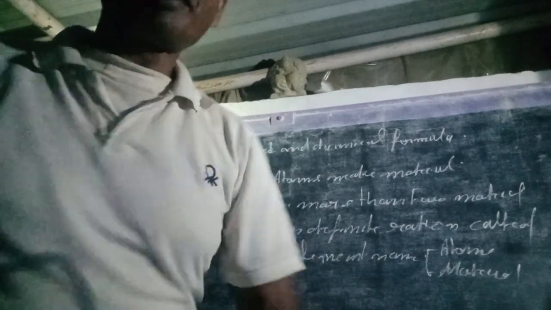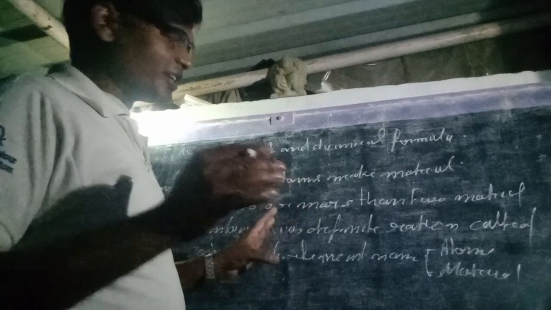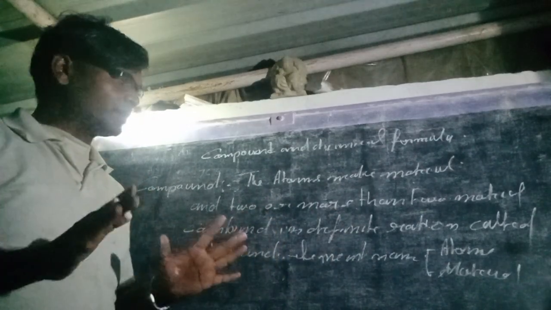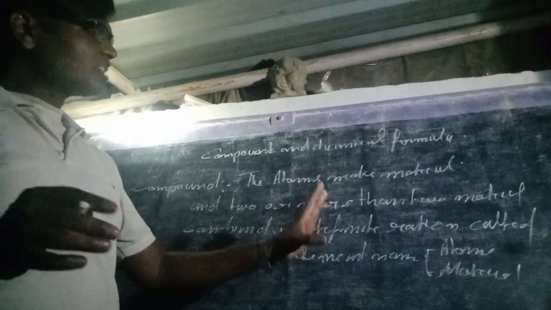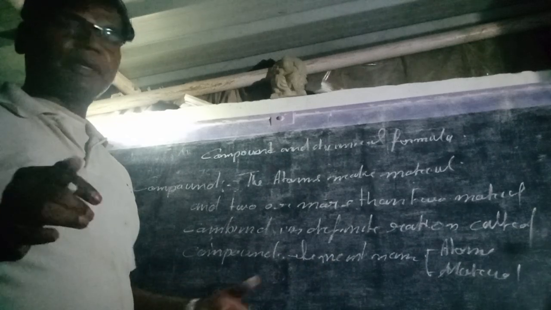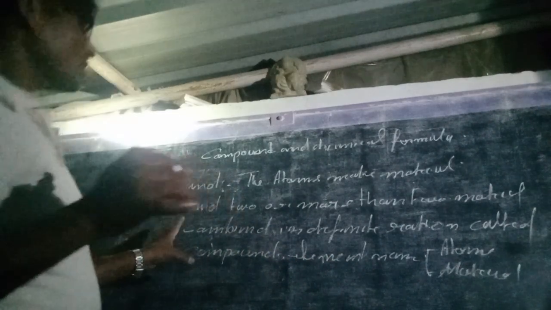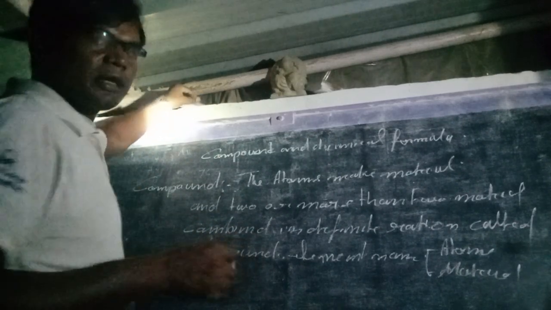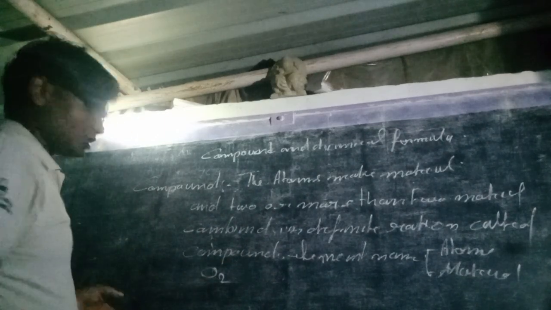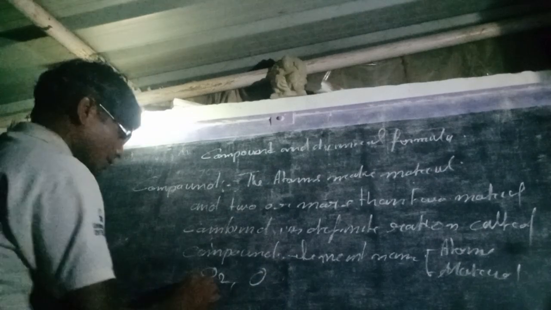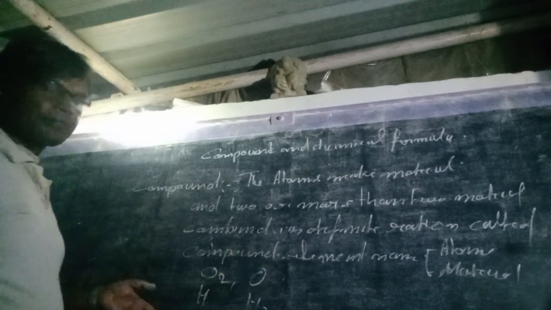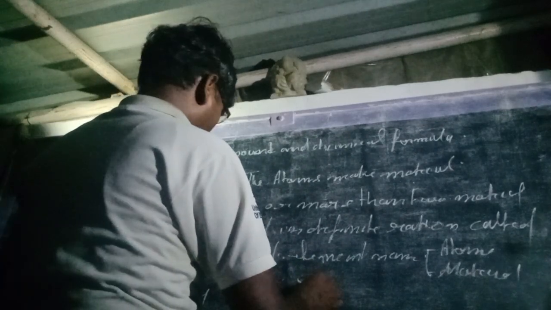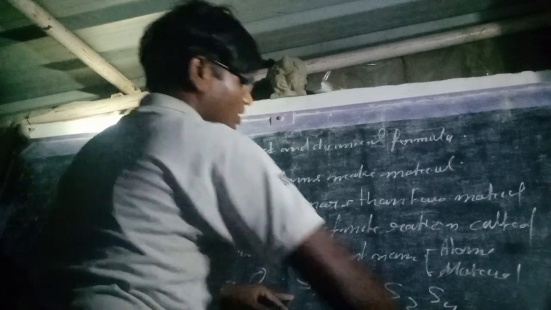We had already defined what atoms are and what the difference is between atoms and molecules. So first of all we will try to understand what atoms and molecules are. An atom is a free form of an element and a molecule is a stable form of an element. Suppose in this example, O2 is a molecule and O is an atom, H is an atom, S2 is a molecule, and S8, S2 or S4 are molecules.